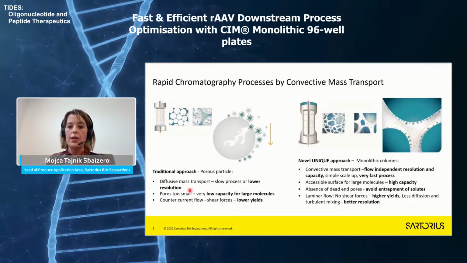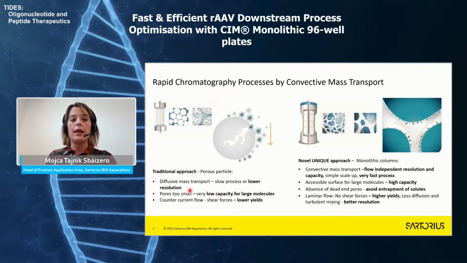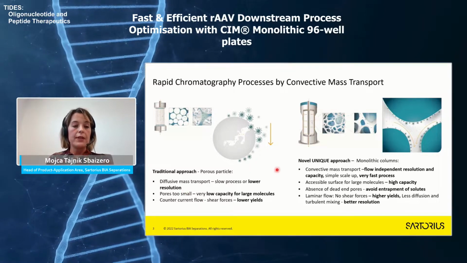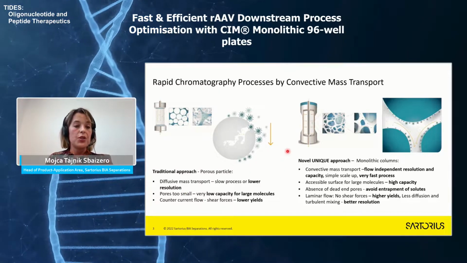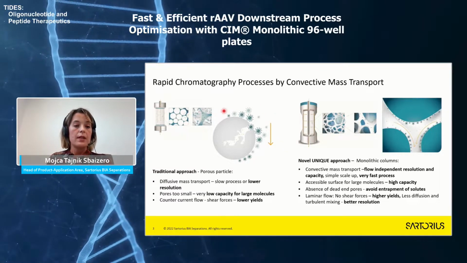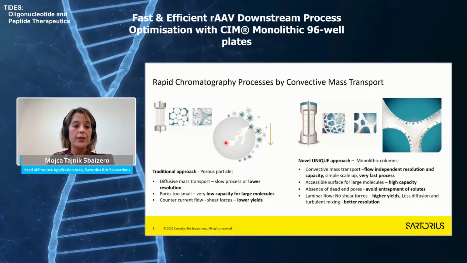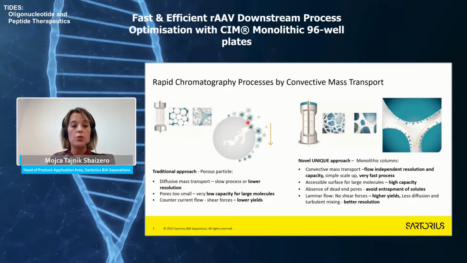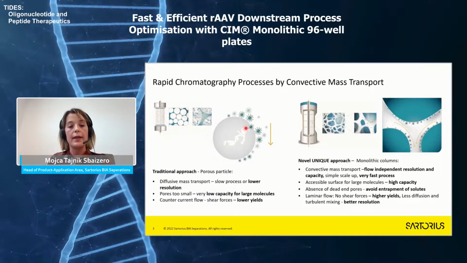So how do the monoliths actually work? Why are they so unique? Here on the left side, we see a traditional approach with beads chromatography. We see beads with pores that are often too small for large biomolecules to enter.